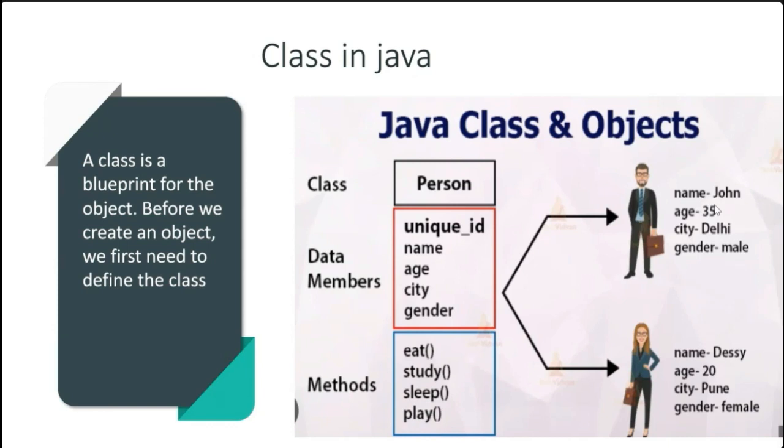In a programming sense, you should consider them as two objects. Both have similar properties: name, age, city, gender. So with similar properties you create two objects, the John object and the Desi object. Like that you can create several objects together with the common properties that we set inside the class.